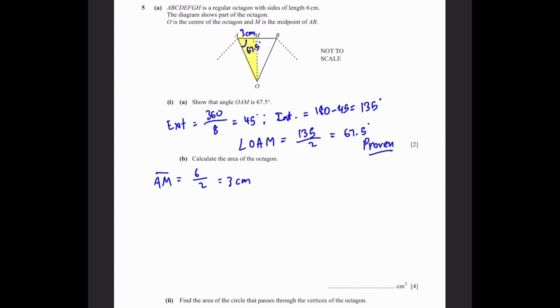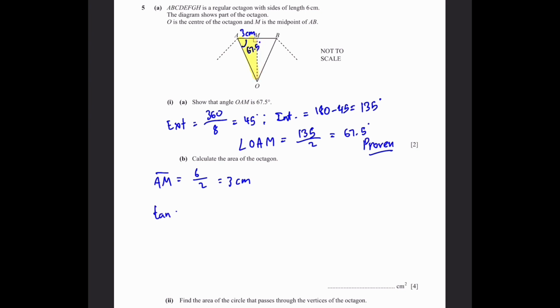Now we need to find the side length of OM. How do we do that? Well, we can see that this is a right angle triangle, which means we can apply trigonometry to find this side. We have an angle and we have the adjacent, so we can find the opposite side using the tangent formula.